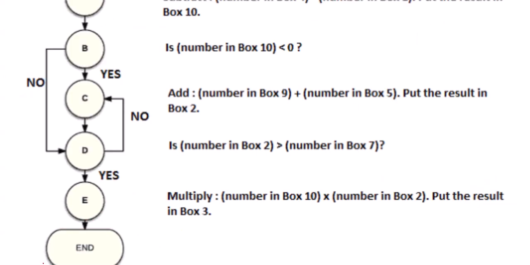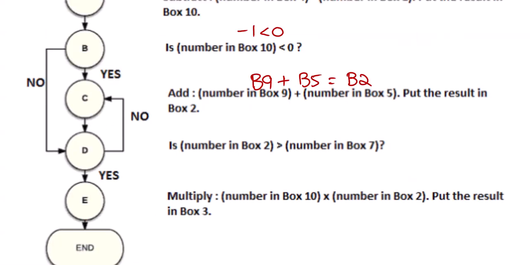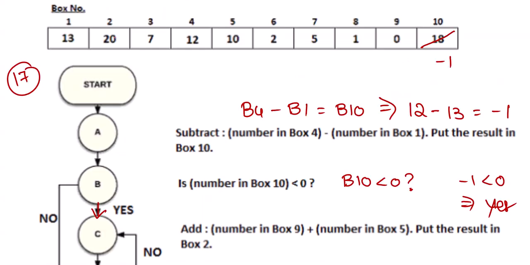What is my next step is number in box 9 plus number in box 5, add it, substitute that in box 2. What is number in box 9, sir? 0. Box 5 is 10. So we got 10 into box 2. Box 2 value is updated to 10. Actually, previously 20. Now it's updated to 10.